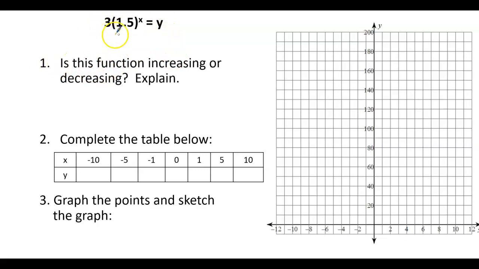Question 1: for this particular exponential function, is this function increasing or decreasing, and why? Well, if you want to know if it's increasing or decreasing, you're going to look at the value of b, and if that value is greater than 1, like it seems to be, then that means it is increasing.